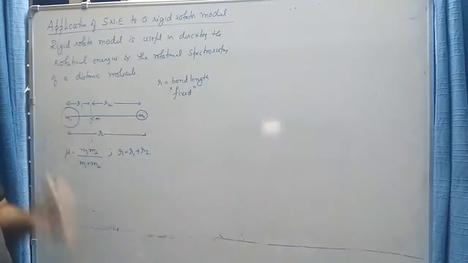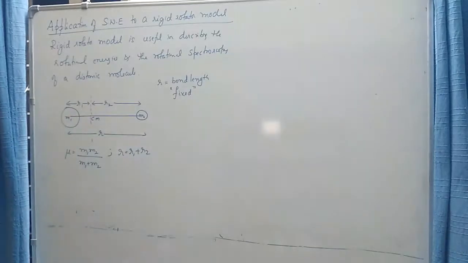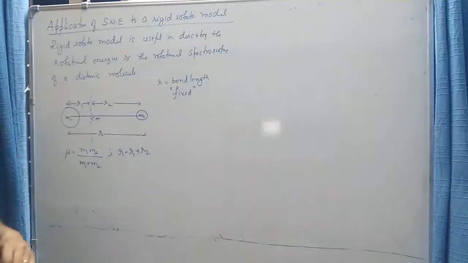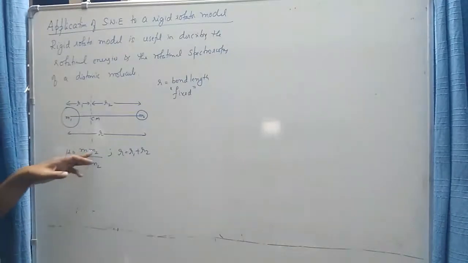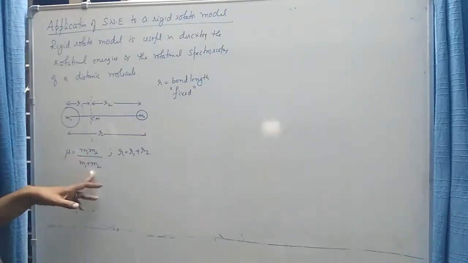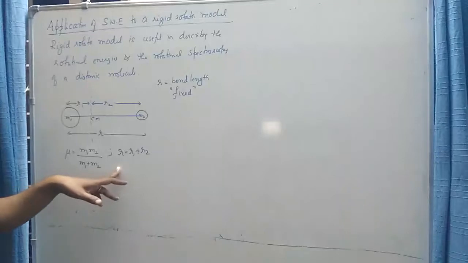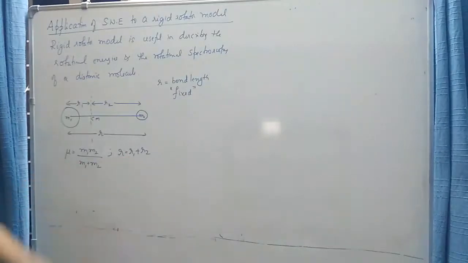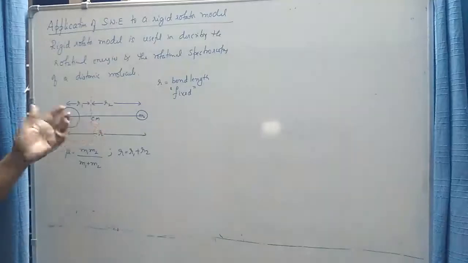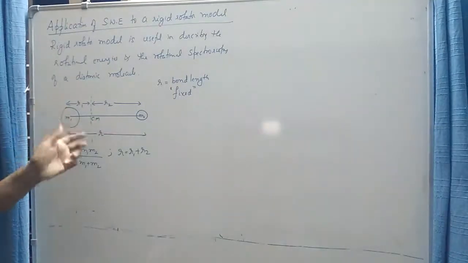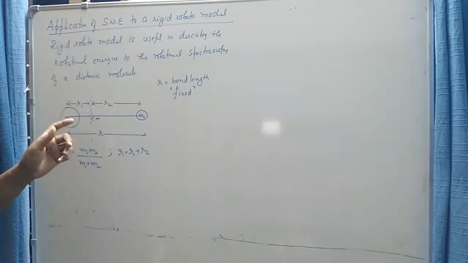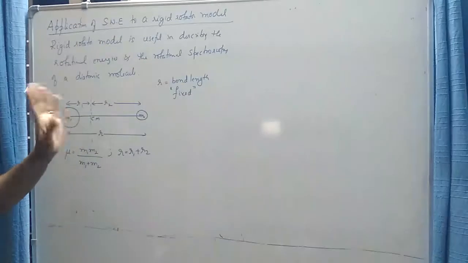r1 and r2 represent the distances of the two atoms from the center of mass, and the reduced mass of such a system is given by mu is equal to m1 into m2 divided by m1 plus m2, and the distance relationship is r is equal to r1 plus r2. We are assuming that this molecule can rotate freely along any axis in 3 dimensions.